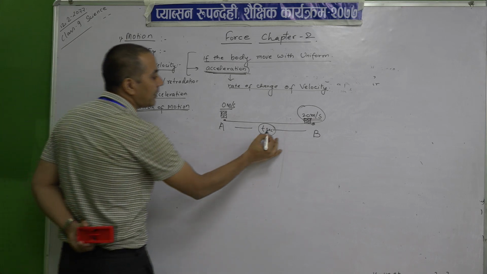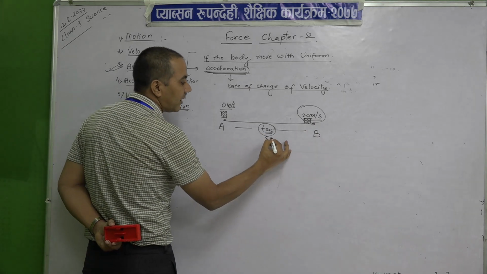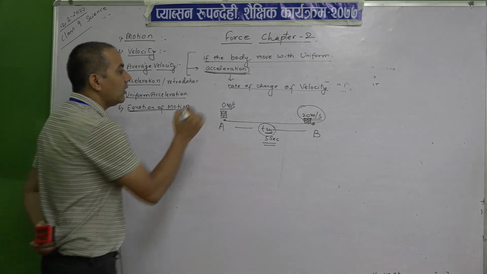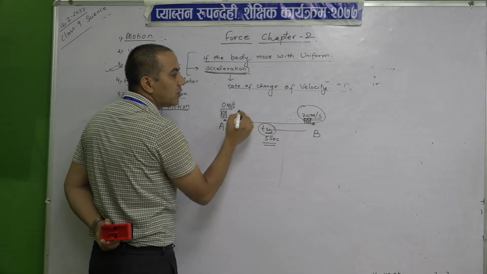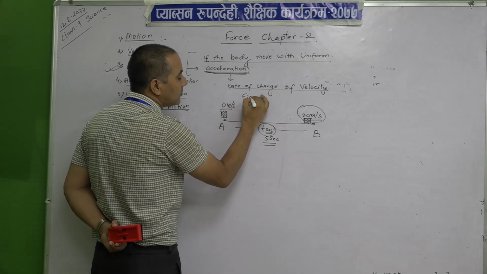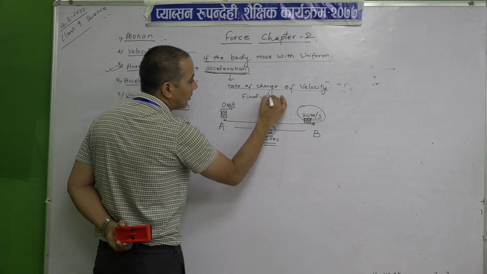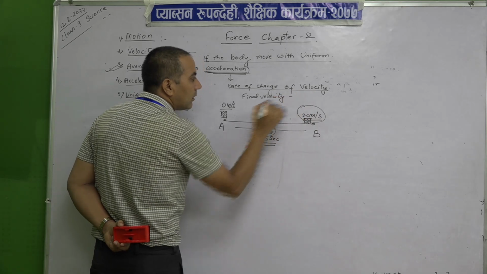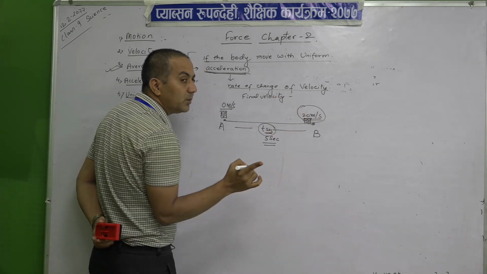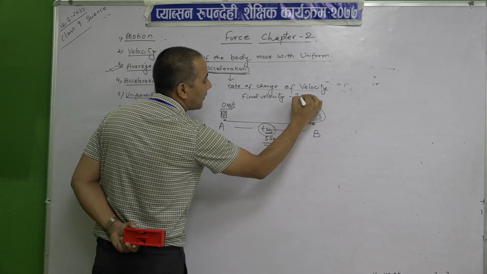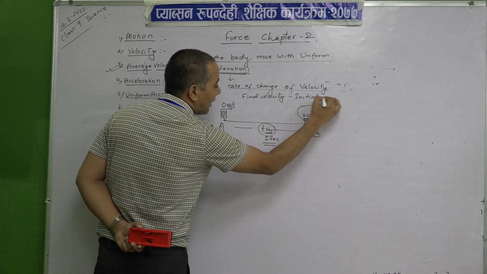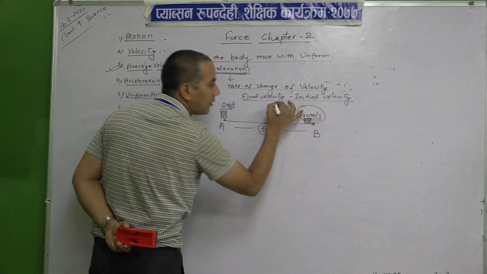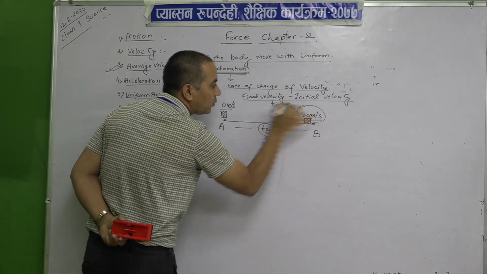Suppose the time t is 5 seconds. So how do we calculate it? It is the rate of change of velocity, that is, the final velocity minus the initial velocity, divided by time, since we are calculating with respect to time.